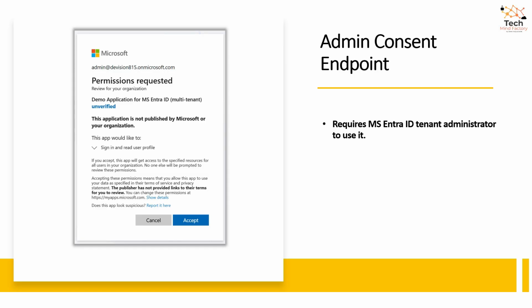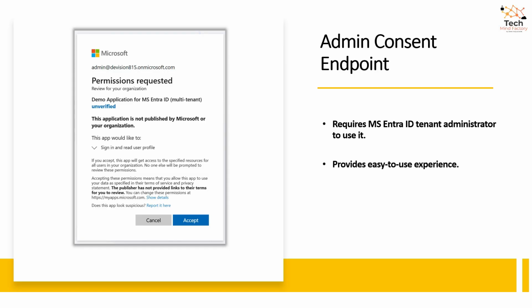Like, hey, this demo application for Microsoft Entra ID multi-tenant app would like to access the user profile and sign the user in, right? So the administrator will see such a consent screen, and once accepted, a service principal will be created, and then users will be able to use this application.